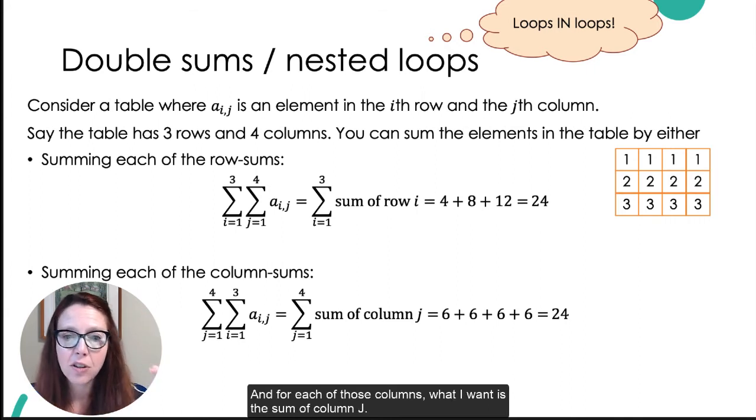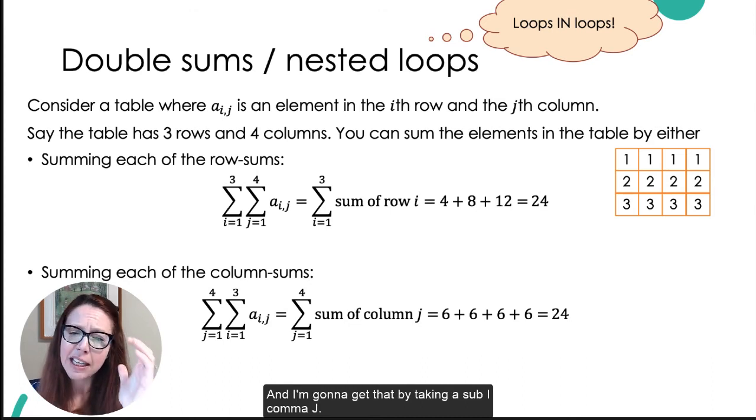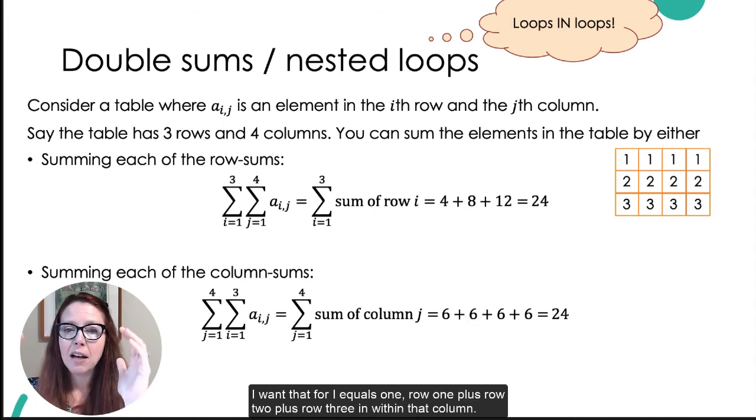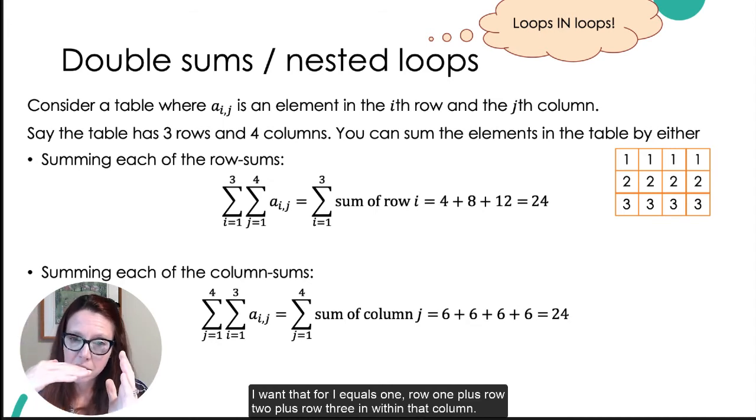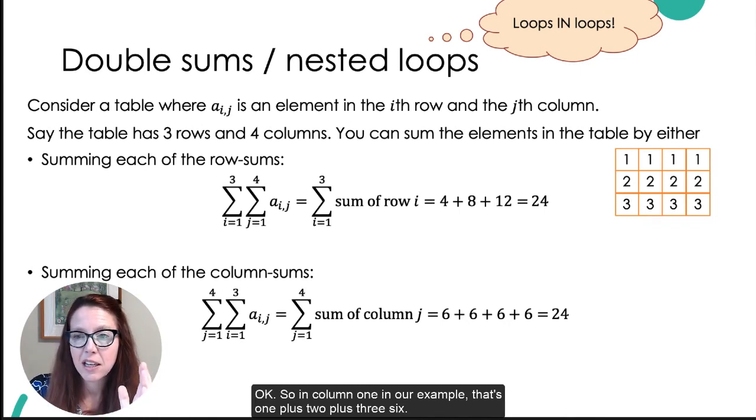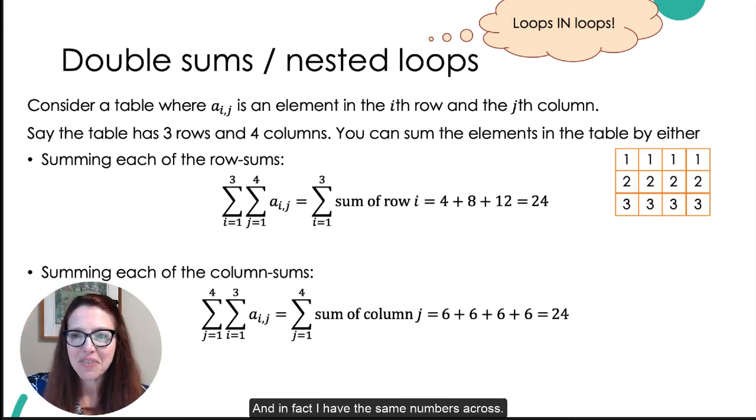And for each of those columns, what I want is the sum of column j. And I'm going to get that by taking a sub i comma j. I want that for i equals 1, row 1 plus row 2 plus row 3 within that column. So in column 1, in our example, that's 1 plus 2 plus 3, 6. And in fact, I have the same numbers across.